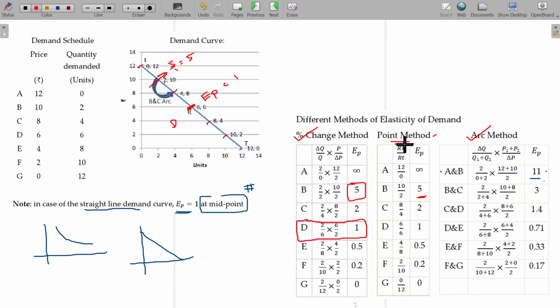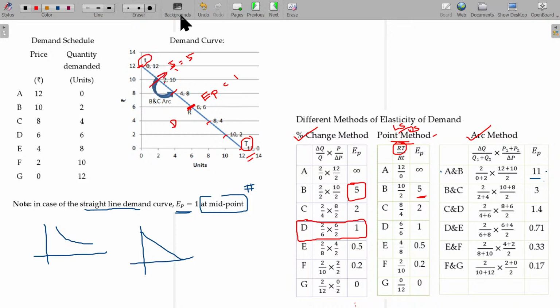In the point method, the lower segment should be the numerator and the upper segment should be the denominator. As I already told you here, the TT. In the demand curve, the bottom ends with the capital T and the upper starts with small t.